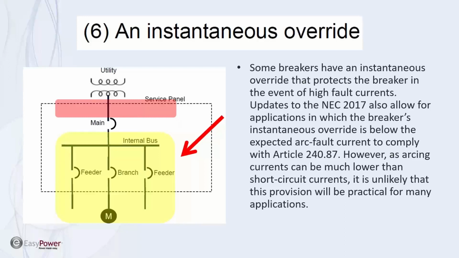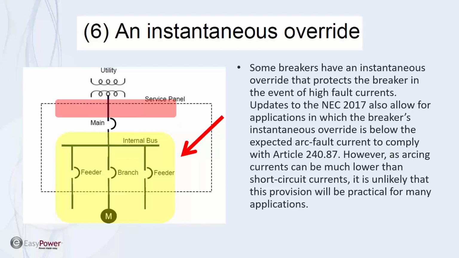But the recommendation is you need to have the instantaneous override set high enough that the instantaneous tripping on a downstream breaker doesn't protect the main breaker or the switchgear above the fault in any of the other sister loads.